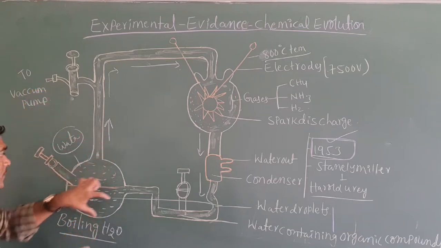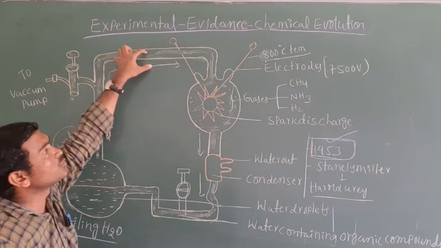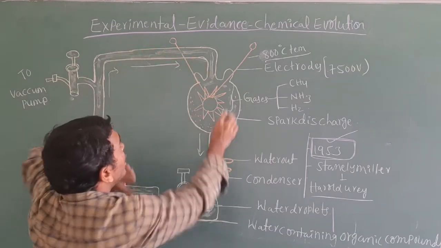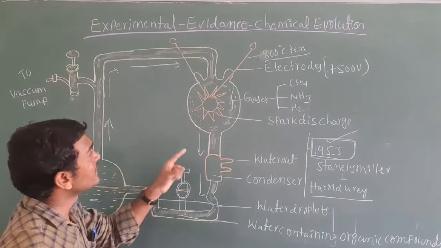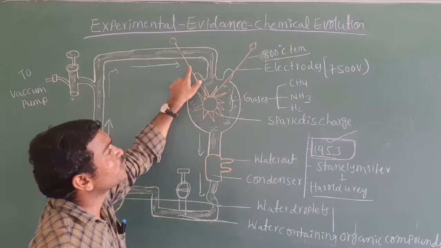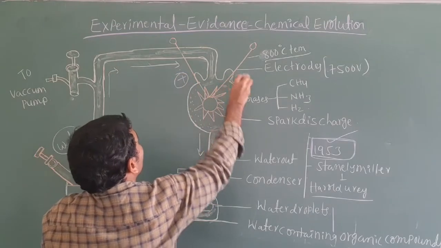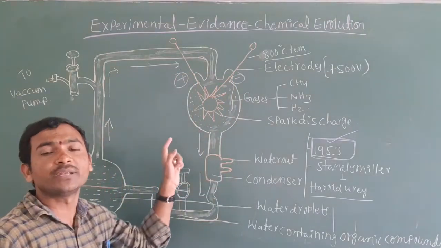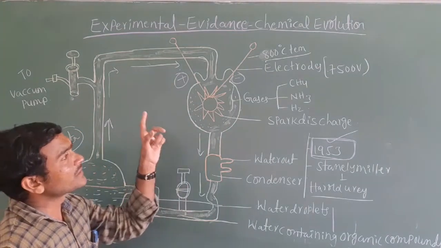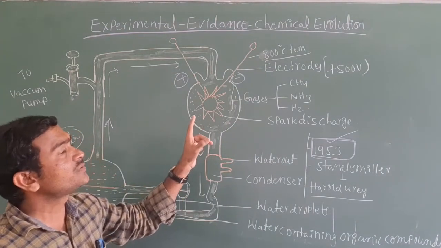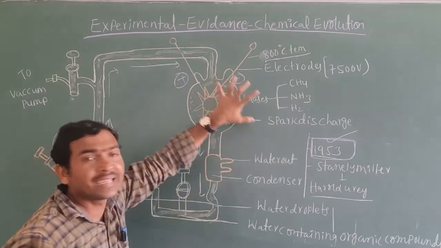After the boiling, the evaporation reaches the spark discharge. In the spark discharge, we have to take the electrodes, a positive and a negative electrode, and in the setup he took the gases.